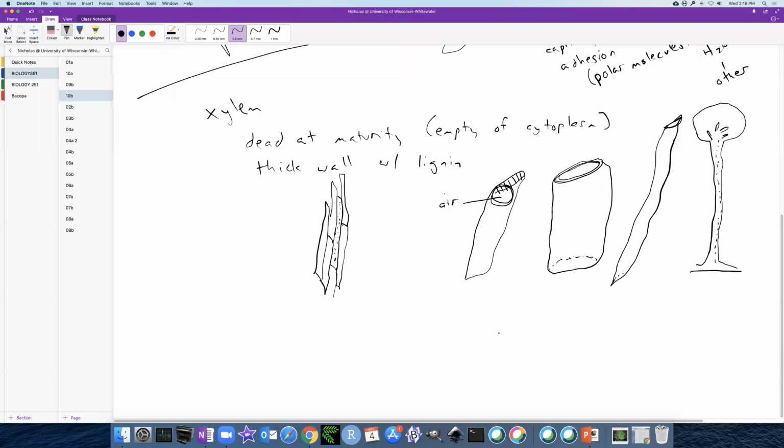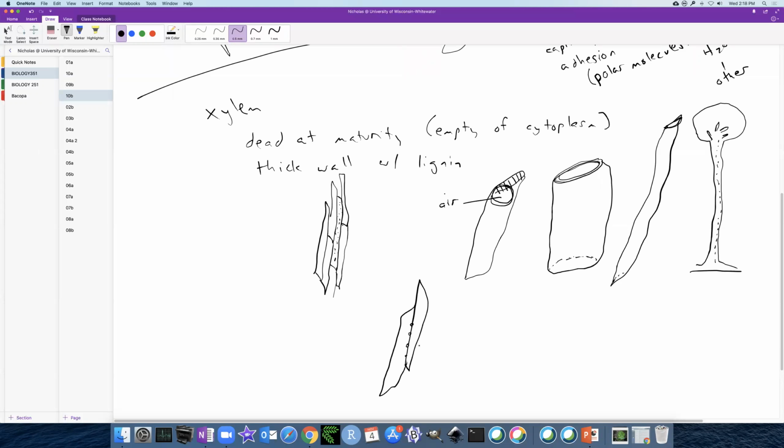Another feature that you find with the pits, some of the pits have an interesting structure. So if we have two neighboring cells, they can be connected by pores here. So again, the xylem cells are working together.